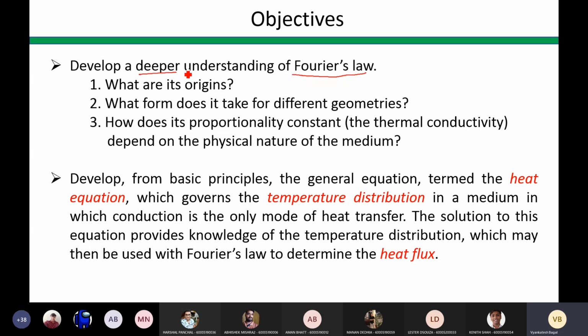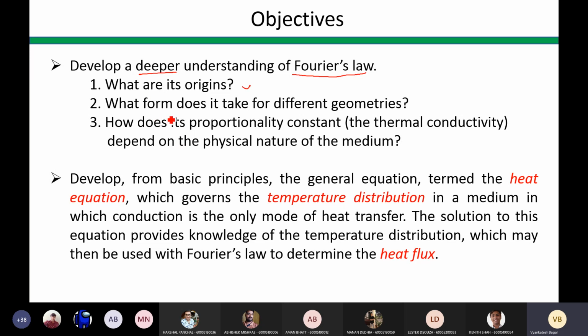I want my students to develop deeper understanding of the law itself. For example, what are its origins, whether this is something like the first law of thermodynamics, second law of thermodynamics, or Newton's first law of motion, or is it different from these laws, right? I want my students to understand the origin of this law.